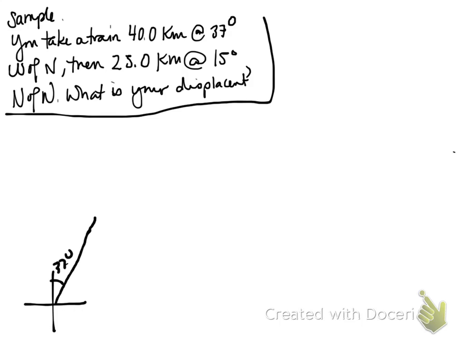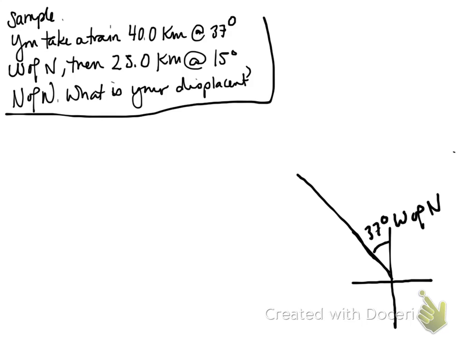This is west of north, 37 west. So we've got 37 west of north for 40 kilometers.